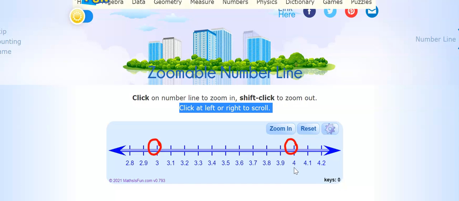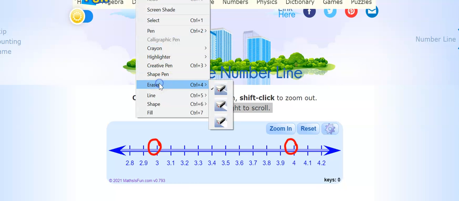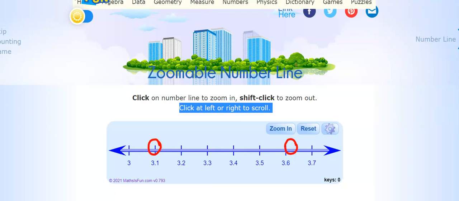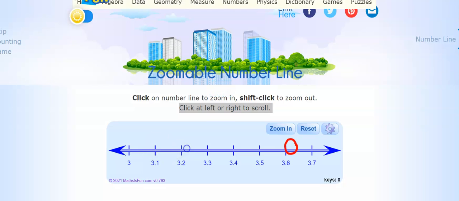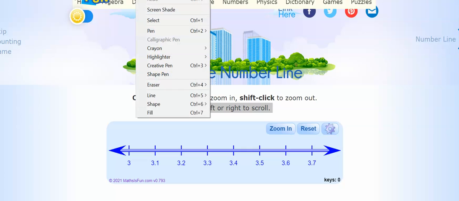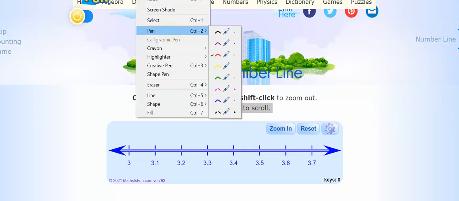Now, let's start placing some numbers on the number line. So I'm going to erase this here. So I'm going to write some numbers up here, and we are going to place them.